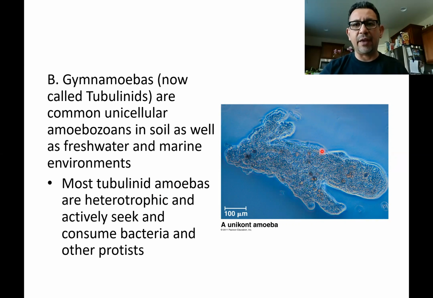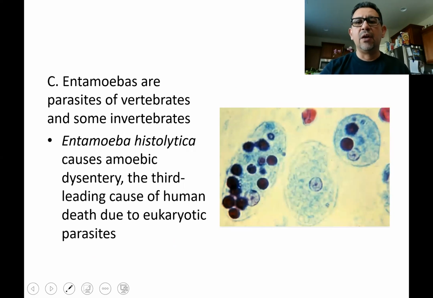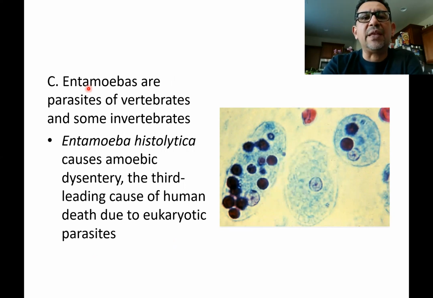You might have heard that amoebas are parasites of the gastrointestinal system of many mammals, including humans. Others can be severe parasites that can move into the nervous system, where they can be lethal as well. That is usually going to be the case of the entamoebas. These entamoebas are not going to have the same type of long pseudopodia.